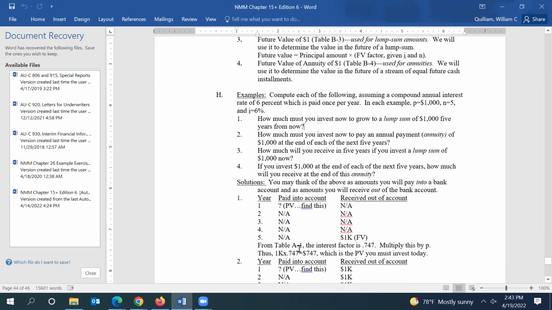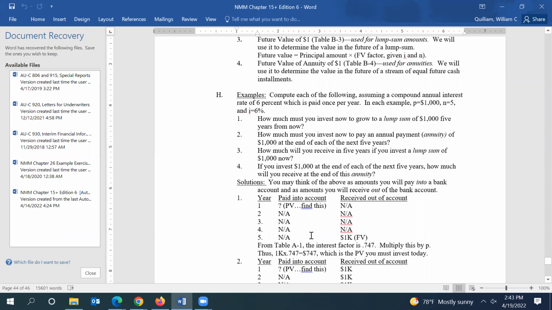From table either A1 or B1, depending upon your edition of the book, the interest factor is 0.747. Now, if we multiply this by the principal, well, 1,000 of those dollars times what $1 would be, 0.747, equals $747. And that's the present value that we must invest today.